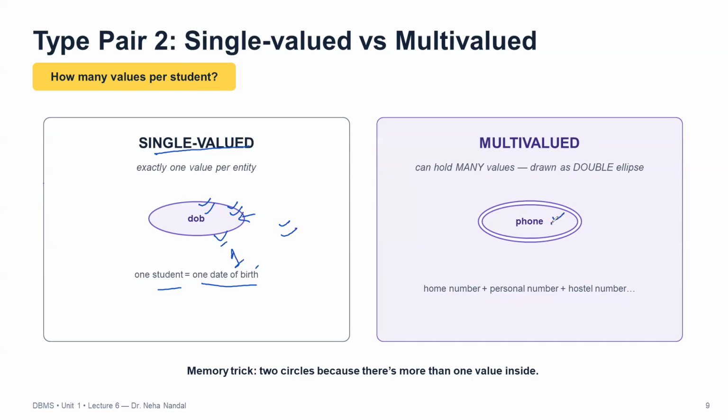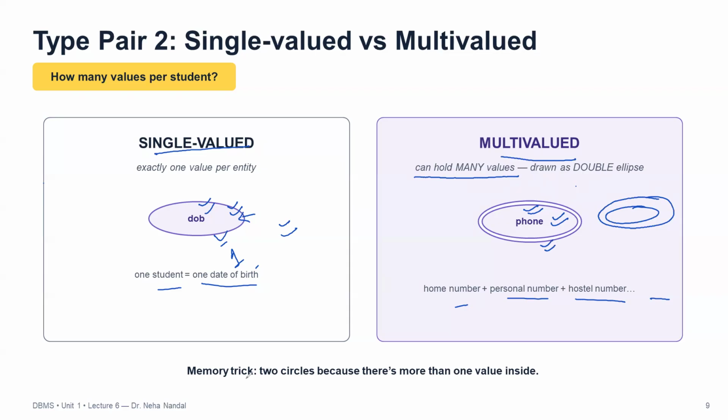Now you see this. One student can have multiple phone numbers, like home phone number, personal number, hostel number, guardian number. In this way, they can give multiple contact numbers. So those types of attributes which can have multiple values, many values, are called multi-valued attributes, and the representation is a double ellipse, which is shown over here.